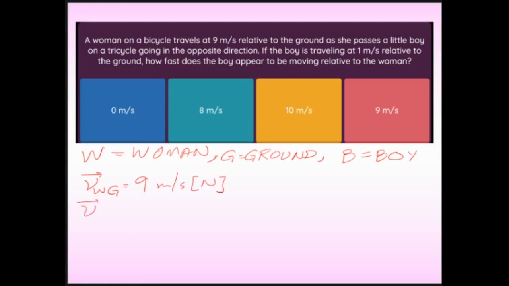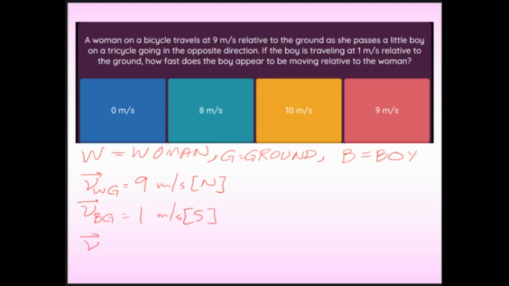What's the velocity of the boy according to the ground? 1 meter per second, in the south. The question is, how does the woman see the boy? Or what's the velocity of the boy according to the woman?